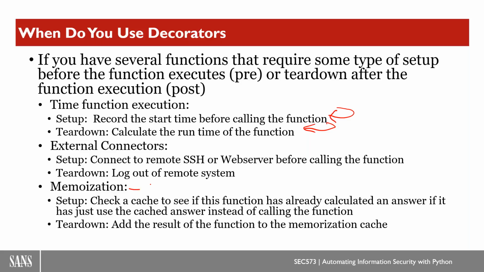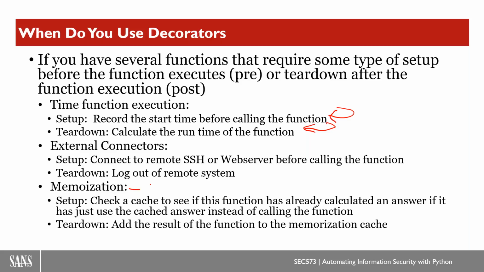The call off to Whois takes a while. There's a delay that's just built into interacting with things across the web. So I'll use some memoization where I'll first look in a cache to see, have I looked this item up before? And if I did, then I'm just going to pull it from the cache instead of making the call to the function.